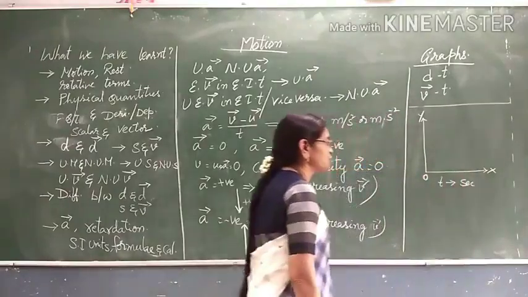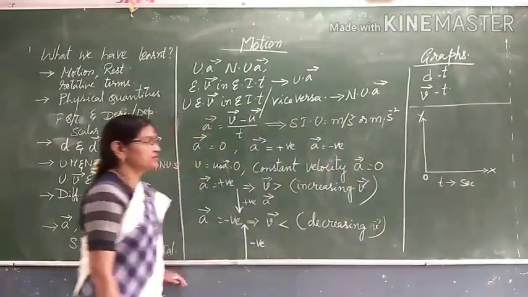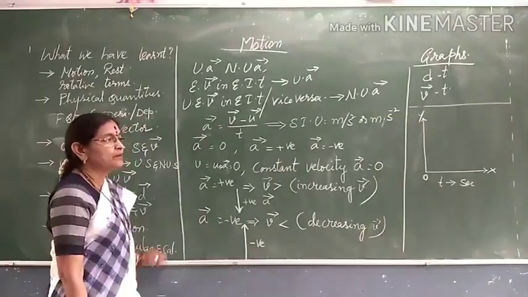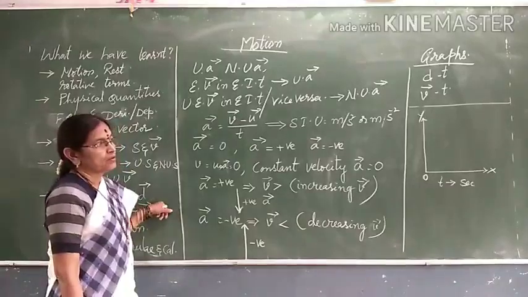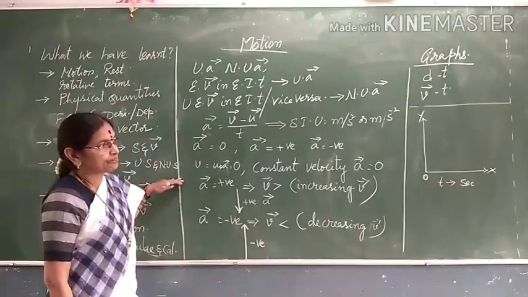We have discussed so many definitions. When a body possesses uniform motion, how will the graph come?